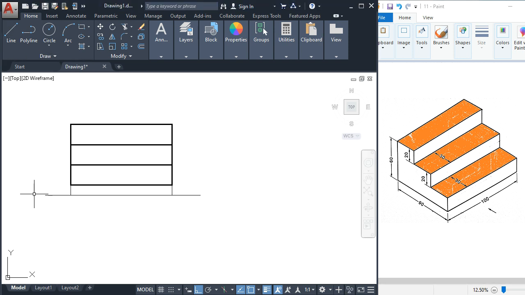So we'll take a projection line up to 10 mm, and here also a projection line up to 10 mm, and here we'll draw this 100 line representing part of the top view. This way we have to go 30, 30, 30, which means 90, or you can see 90 directly here.